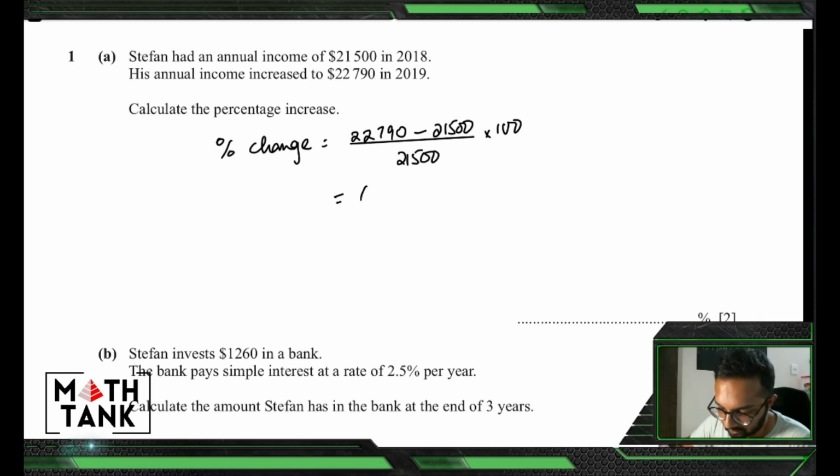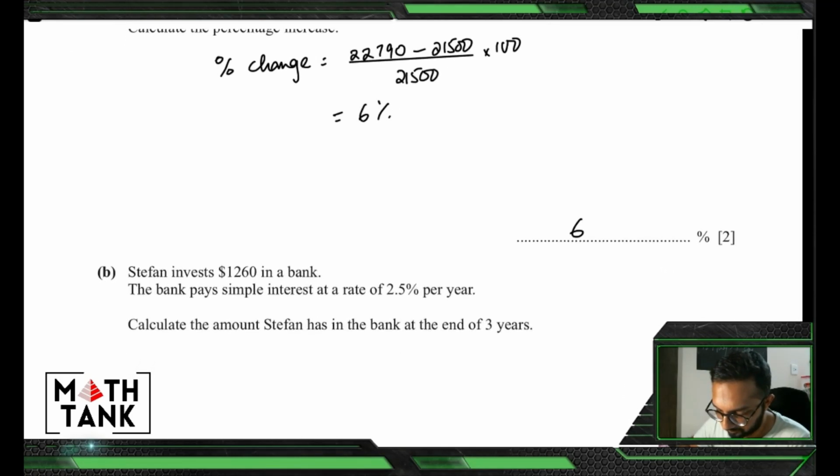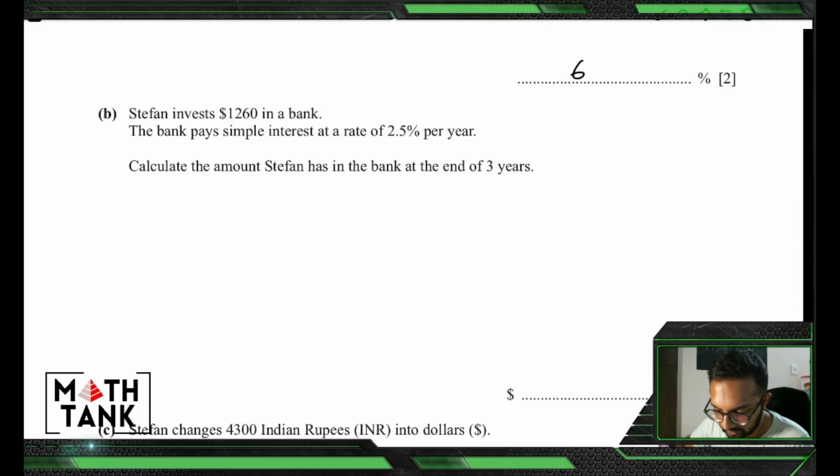That's 6%. Stefan invests 1260 in a bank account. The bank pays simple interest. Back to simple interest. Calculate the amount Stefan had in the bank at the end of 3 years.